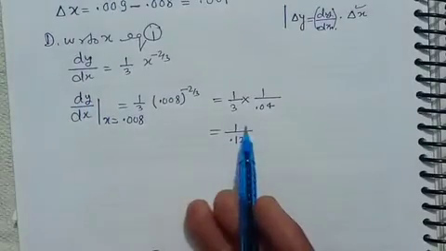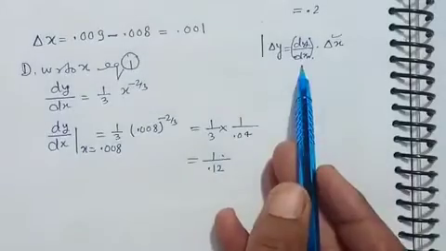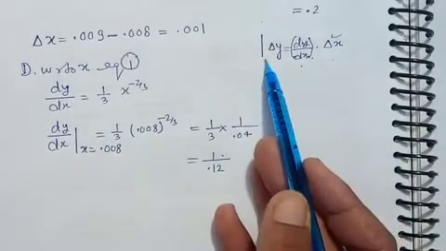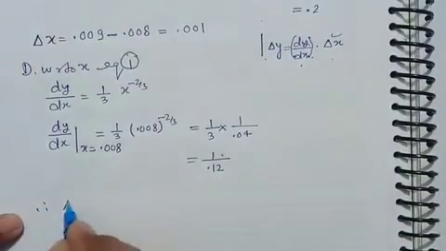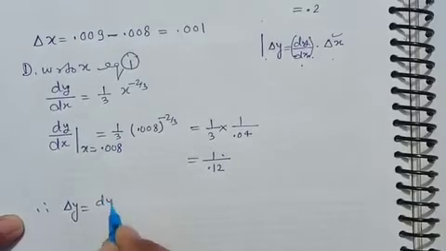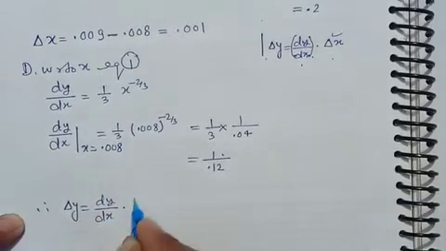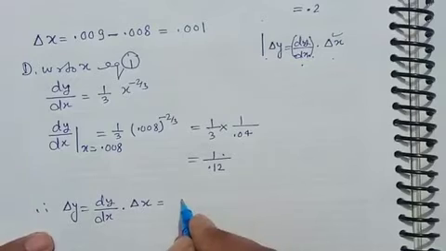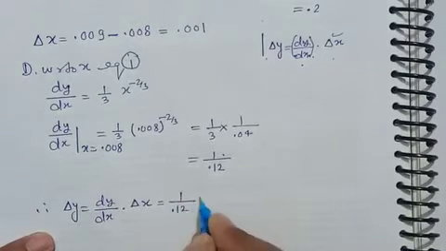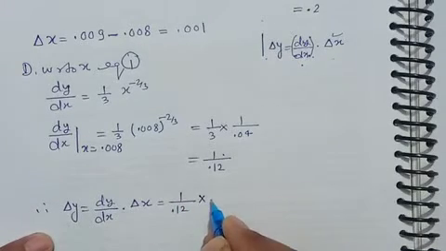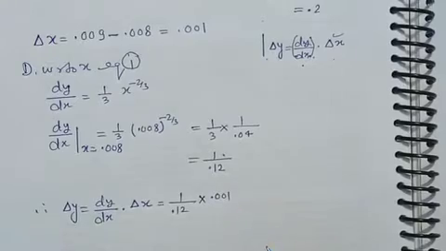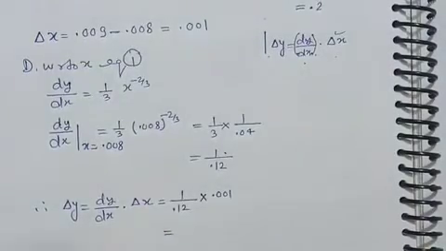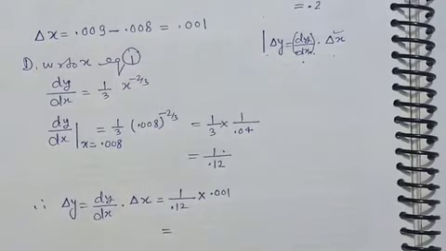This is dy by dx. So now we have dy by dx, we have delta x, so we can calculate delta y. So delta y equal dy by dx into delta x. It means 1 upon 0.12 into delta x, which is 0.001.